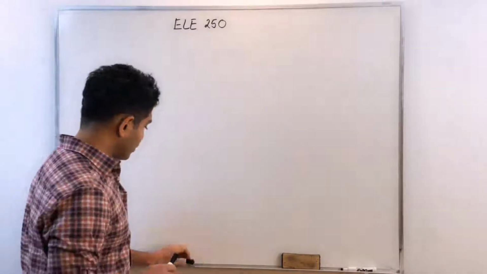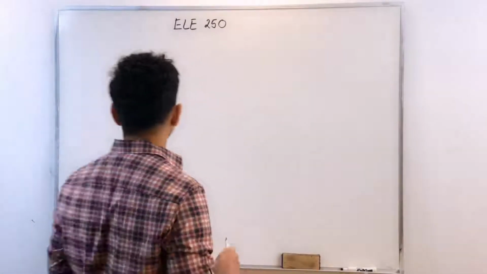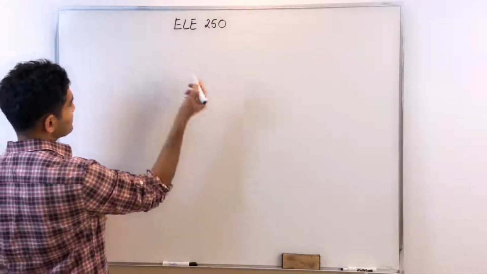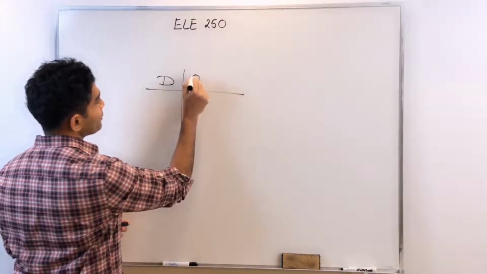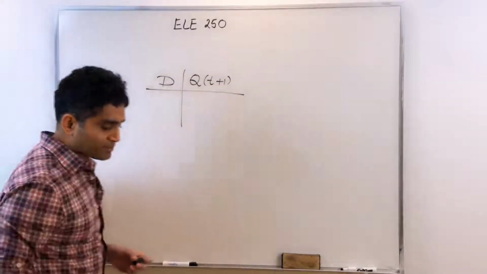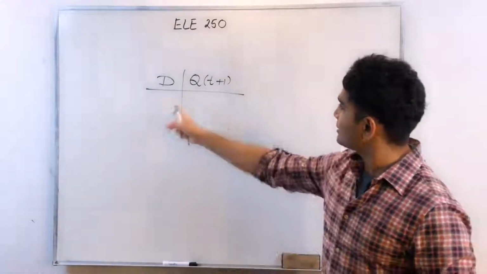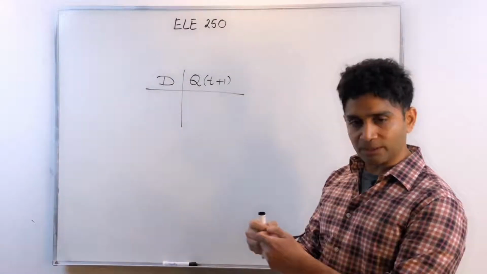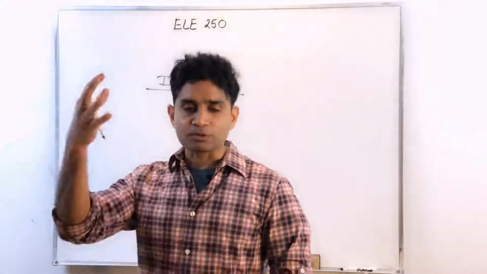Before we move on, I just want to remind you what the characteristic table for a D flip-flop is. For an edge-triggered D flip-flop, the characteristic table would have the D input, and then Q(t+1), which means I'm applying some input before the active edge of the clock, and I'm looking at the output once the flip-flop is triggered. When the flip-flop is triggered, that means the output responds to the input.